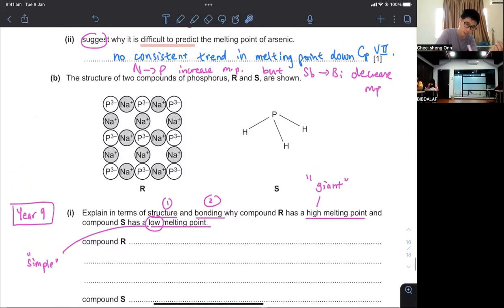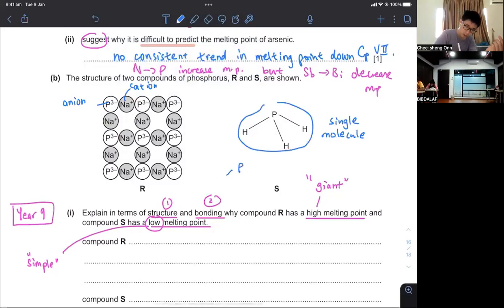Now, when we look at this structure, we have this alternating negative, positive, negative, positive. This is called alternating cations and anions. This is cation. This is anion. This is a single molecule. So we have one of these molecules, and we can also have another of this molecule. In between the molecules, we will have weak intermolecular forces.